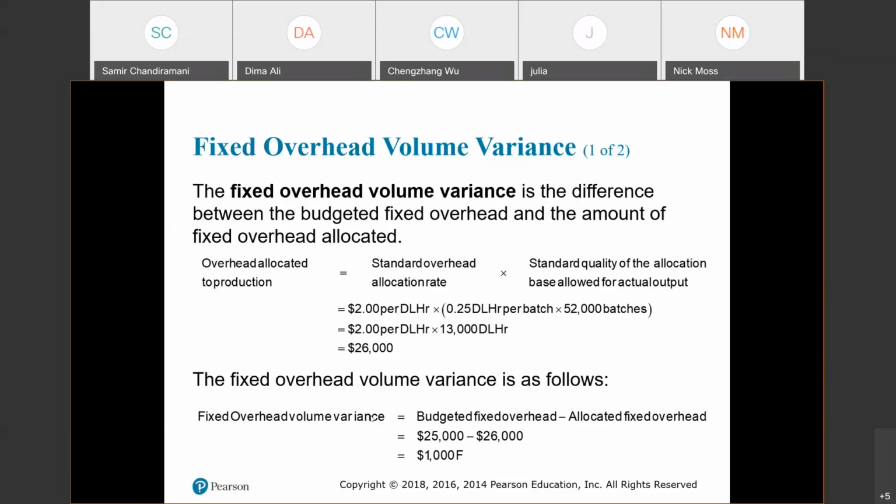When overhead is adjusted at the end of the accounting period, the adjustment for over-allocation of overhead will decrease COGS, because the adjustment is a decrease to an expense. The fixed overhead volume variance is favorable.